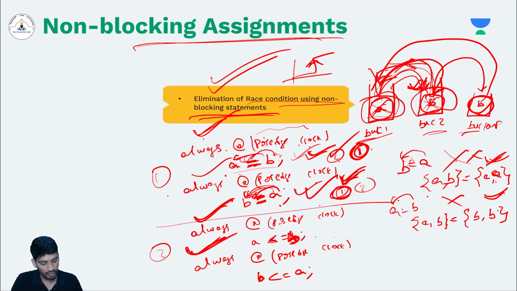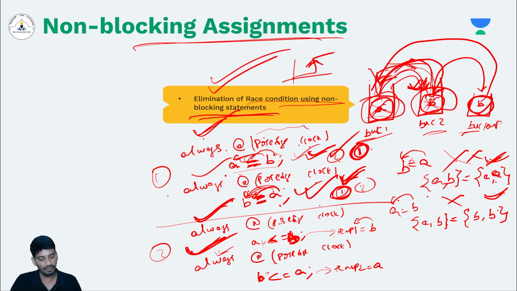So it will first read the data B inside some temporary variable, temp1 equals B. Similarly, this will also execute at time 0 and the data A is stored in temp2, right? First the read operation is happening, since we haven't given any delay.